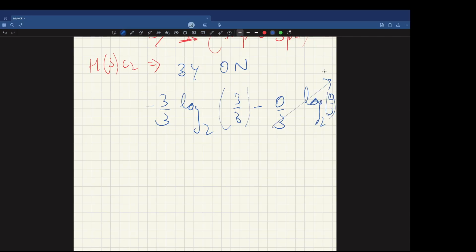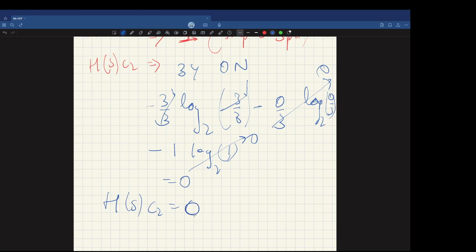This is 0, and 3 by 3 is nothing but 1. So minus 1 log 2 1 is nothing but 0. So H of S, entropy of C2, we got 0. That means it is a pure split.